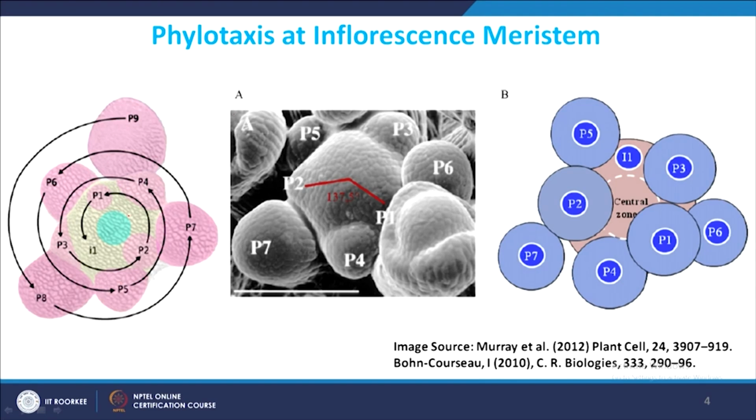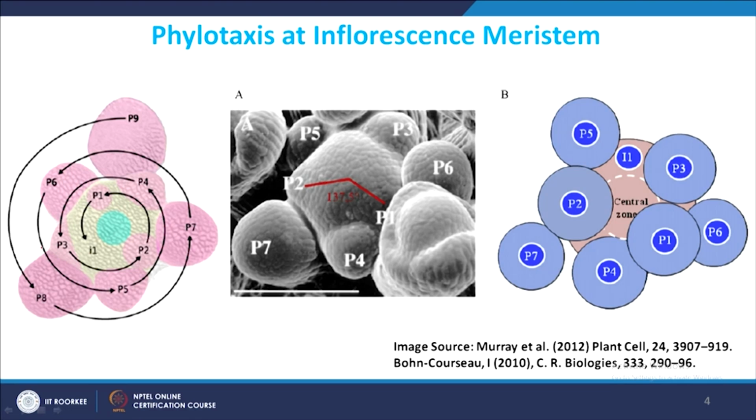If you look, this is a central meristem, and in the peripheral region, the first site where the process initiates is called I1, I2 and so on, and then you have leaf primordia like P1, P2, P3, P4, P5, P6 and so on. So, there is a clearly defined pattern of organogenesis.